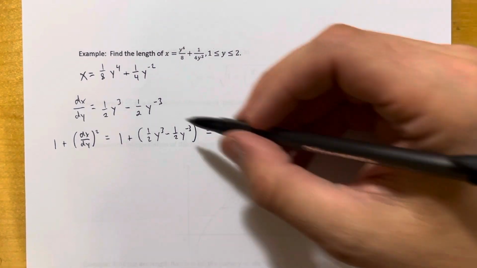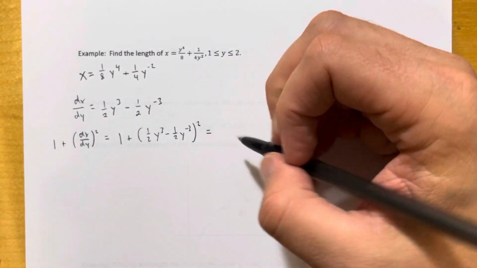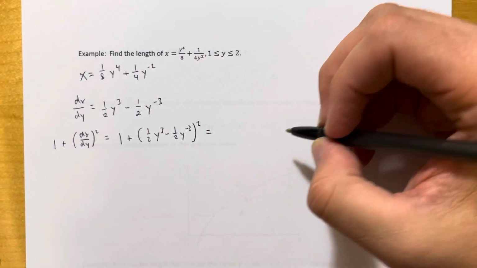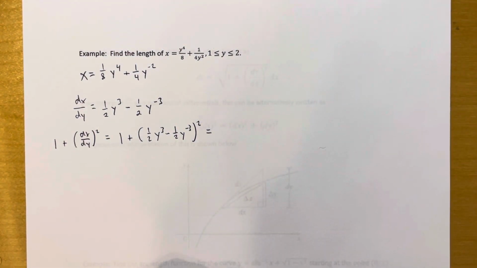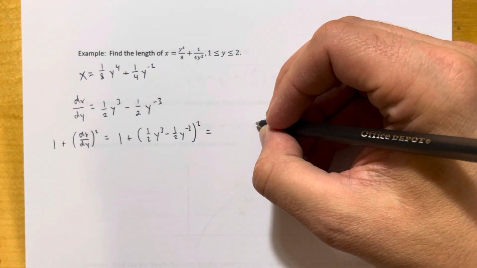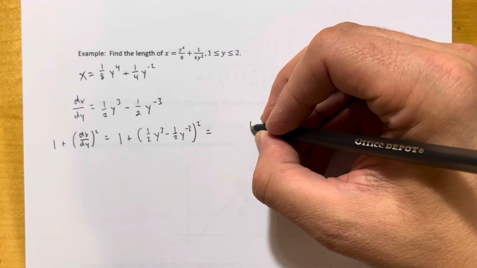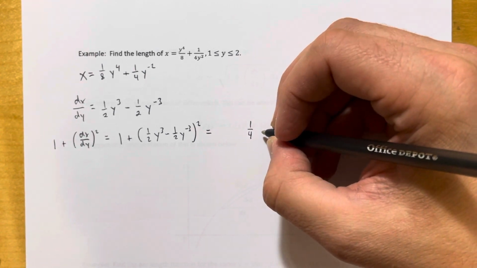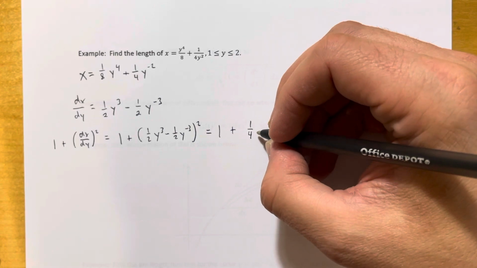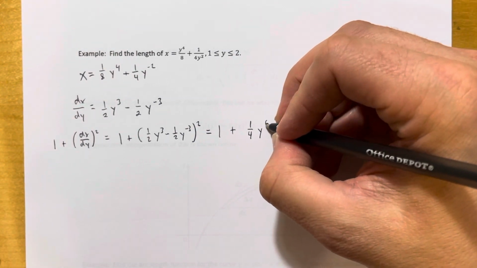Okay, and so if I square that out, I'm going to give myself a little bit of space because I'm going to use that 1 and write it differently in a second. Actually, sorry, I'm not going to do that quite yet. I'm going to have my 1 here. 1 plus 1/4 y to the 6th.